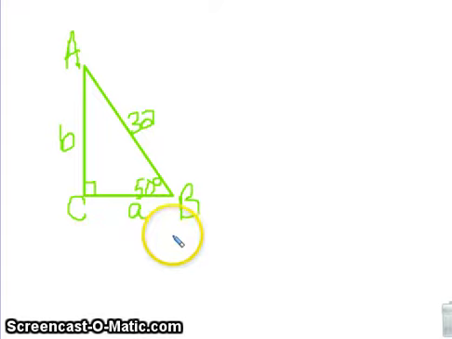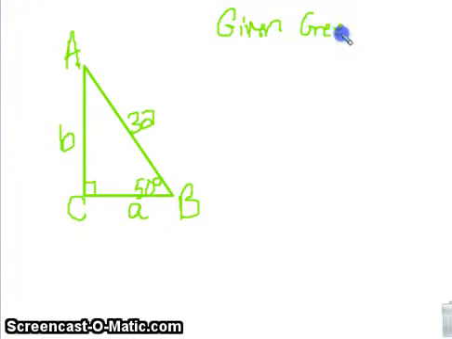Okay, so if we have this particular triangle and we want to find the other sides and the other angle, I'm going to get myself organized. I'm going to write what's given in green.